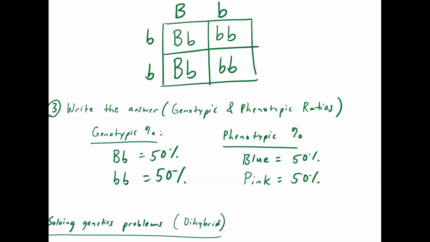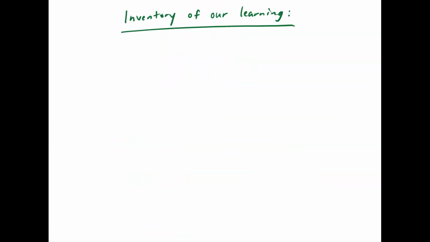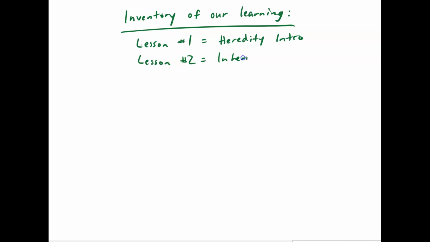Okay, take a quick inventory of our learning thus far. So this was lesson number 1. Well, actually, lesson number 1 was the heredity intro. All right, so you have your notes from that. So this technically would be lesson number 2, and we call this inheritance patterns.